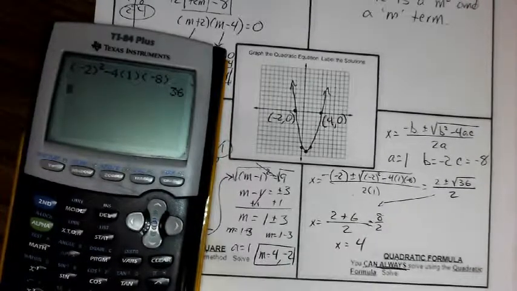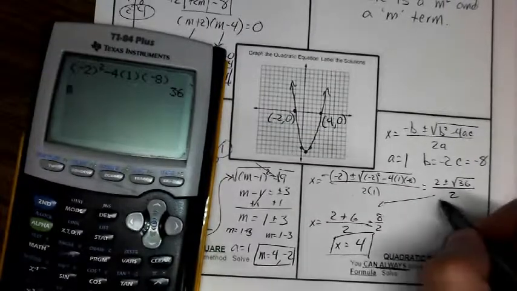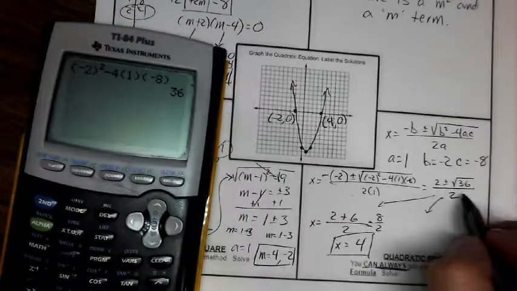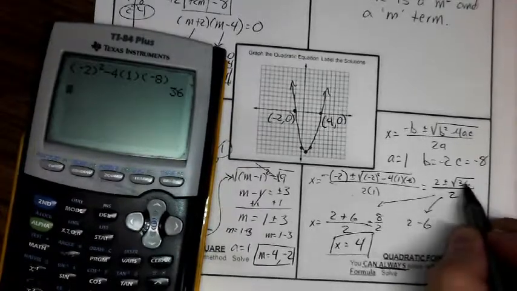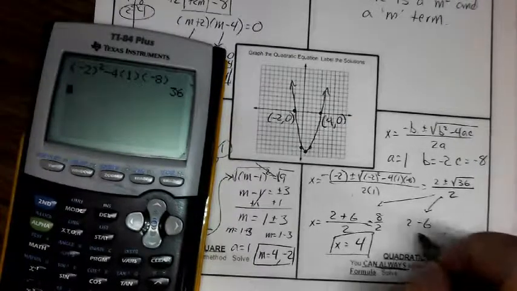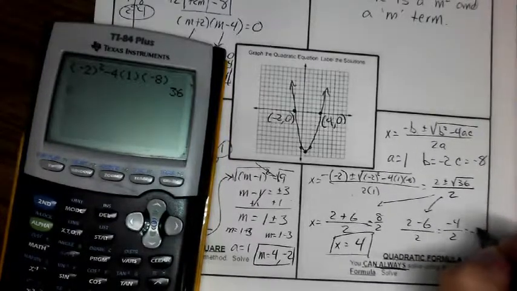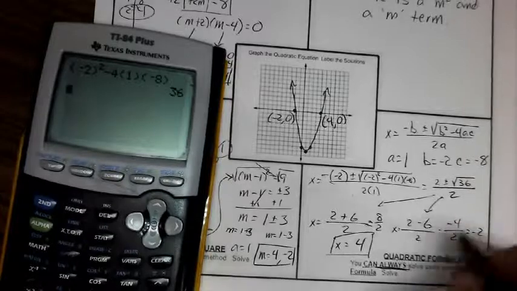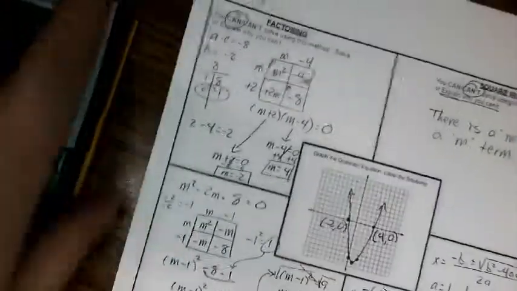Don't forget your x equals. So there's one answer, or one solution. Then here, you do it with the negative 6, that is your square root of 36. That equals negative 4 over 2, which is negative 2. So x equals negative 2, and you're done.